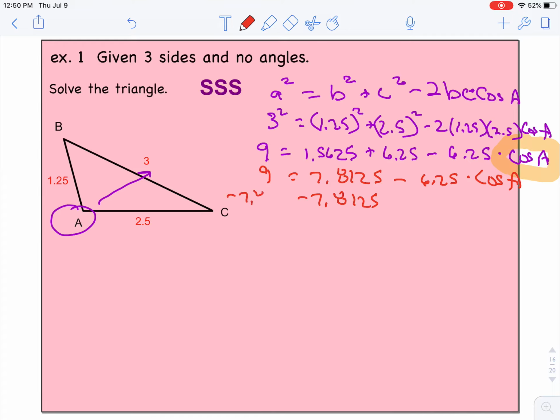So now I'm going to subtract 7.8125 from 9.